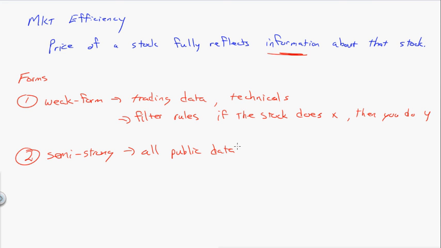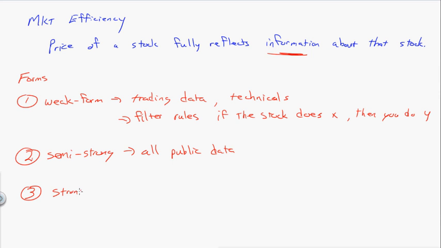Well, think about GM, for example. I know their past trading data for GM. I know their financial statements for GM. I know gas prices. I know the performance of their cars. I know what the economy is like. I know all this information, and I still can't make any money off of it. Can't make money off publicly available data.